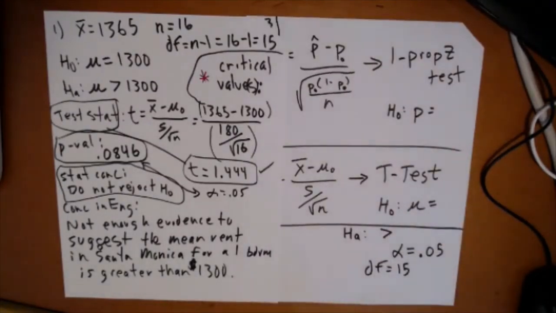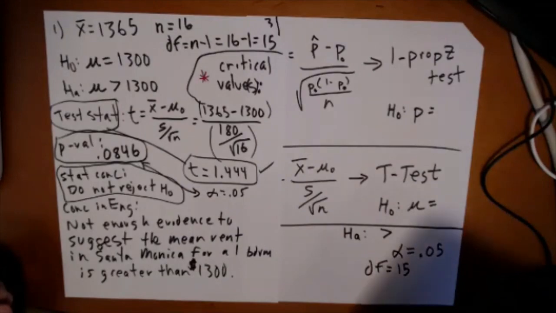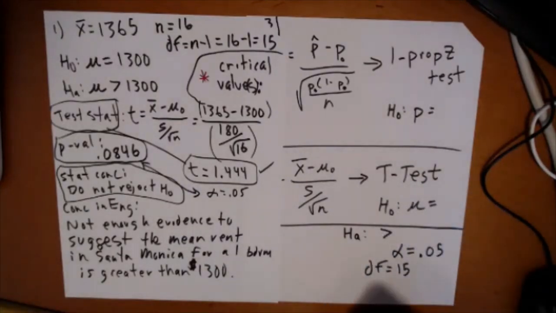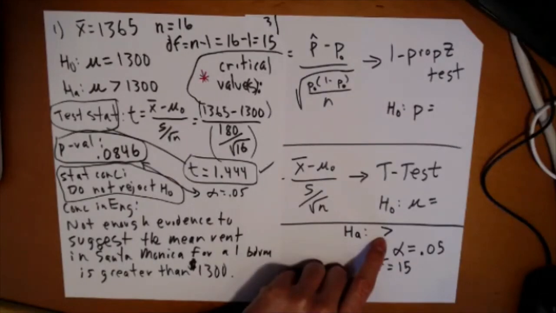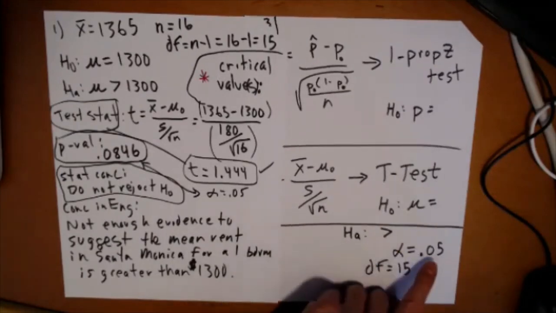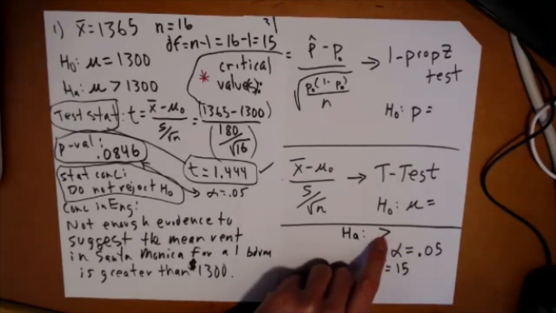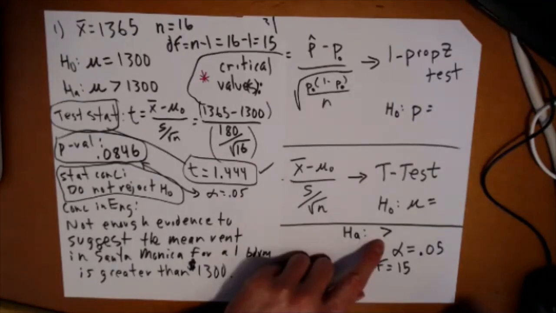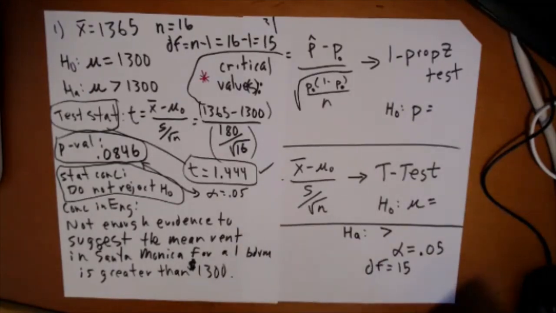So if you go to your t-table, I'm going to put a picture up in 1 second. You'll notice up top, there's confidence level and there's area in one tail, area in two tails. You see how this is one tail? Remember, two tails is the does not equal symbol, so area in one tail should be 0.05, and that's pointing to the right side, so we're just going to go with the positive numbers. You'll notice that our table is nothing but positive numbers because it's a right tail test.